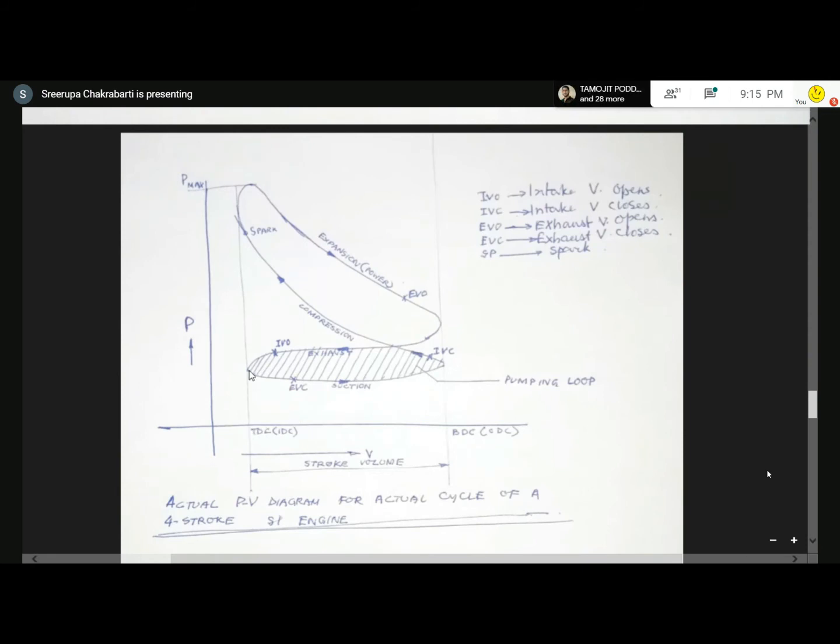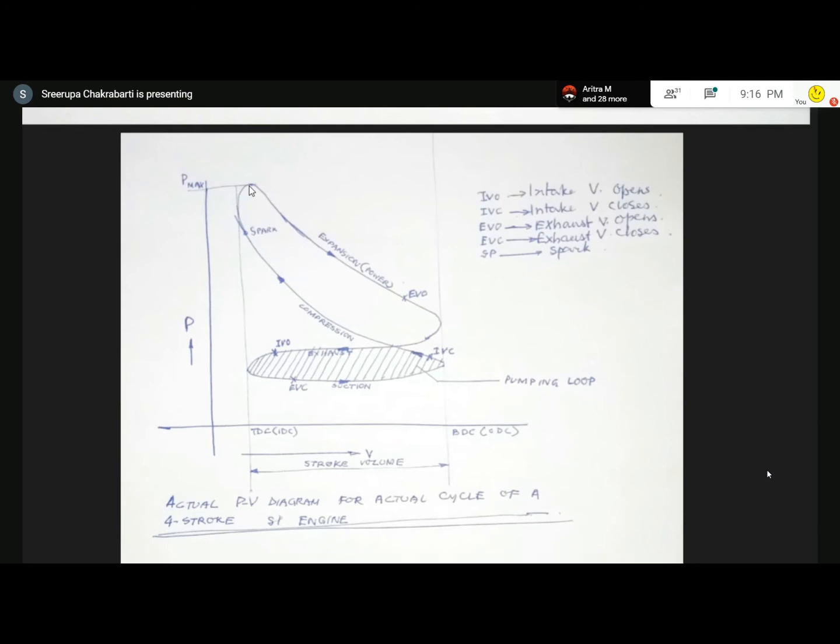And if we go to the actual diagram, the pressure rises and we find that the pressure becomes a maximum not at the top dead center, but around 18 to 20 degrees away from the top dead center position. At which point it will be maximum depends on the rate of liberation of energy by combustion with time, or rather the rate of pressure rise with time, or with theta, the crank angle rotated from the top dead center position.